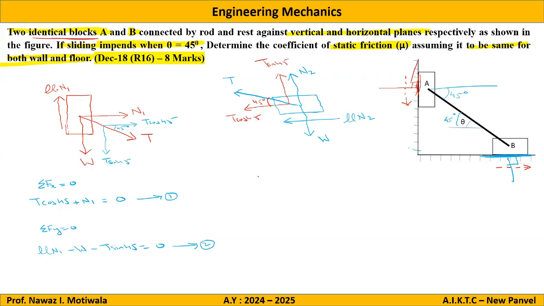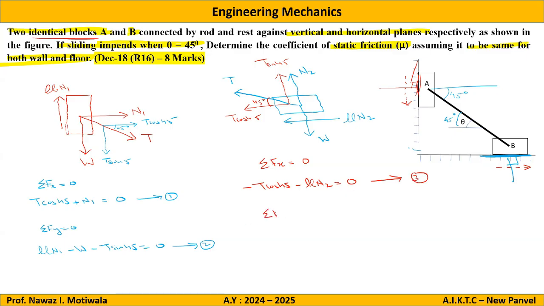Now, writing the equations, I will get summation of Fx equal to 0. From this I will get minus T cos 45 minus mu into N2 will be equal to 0. Let this be equation number 3.